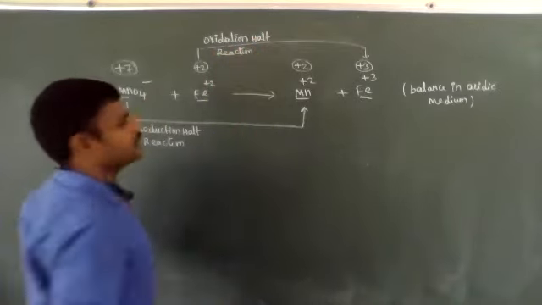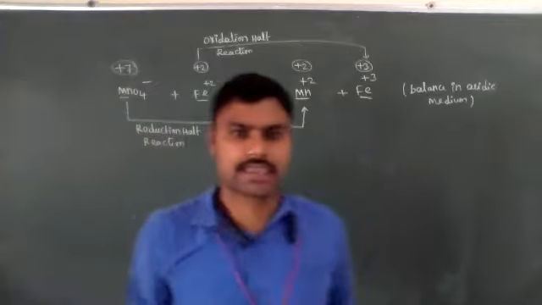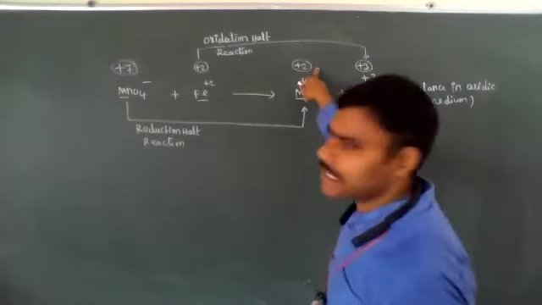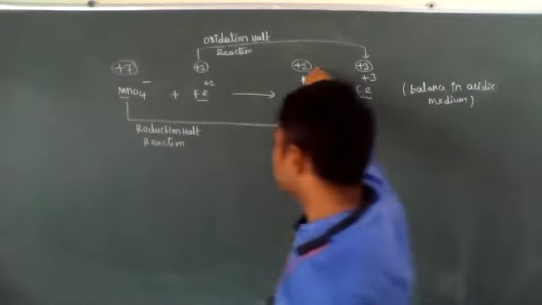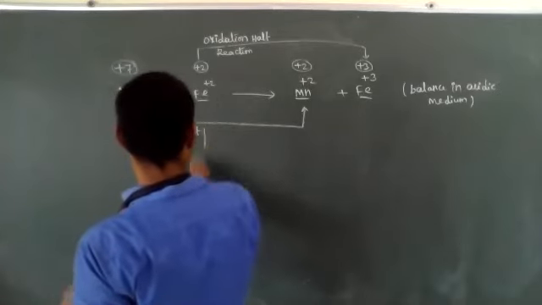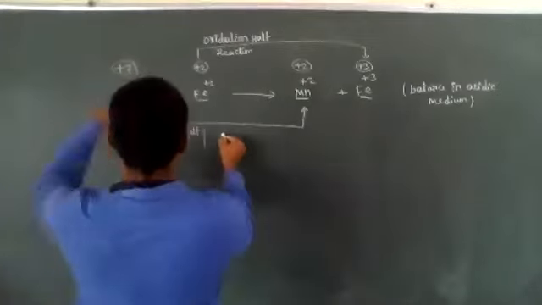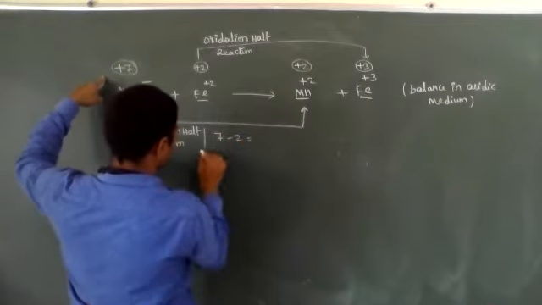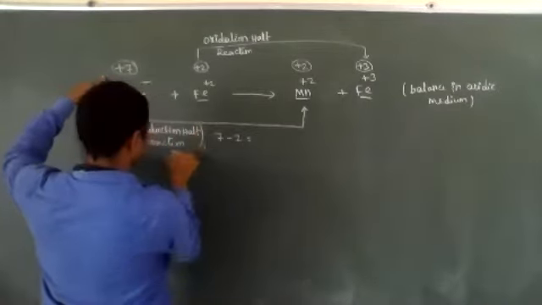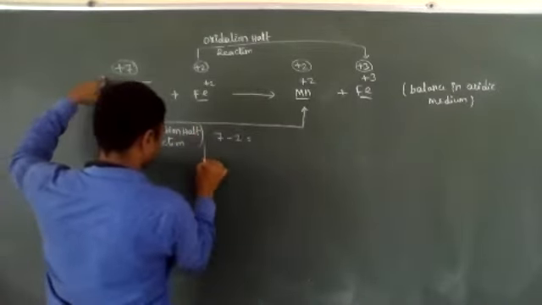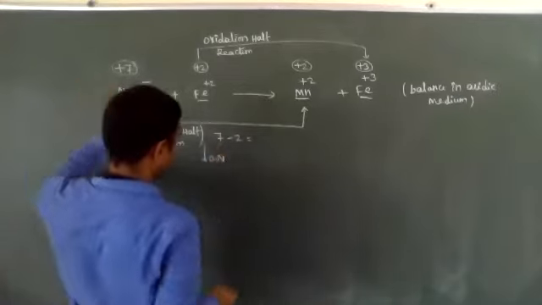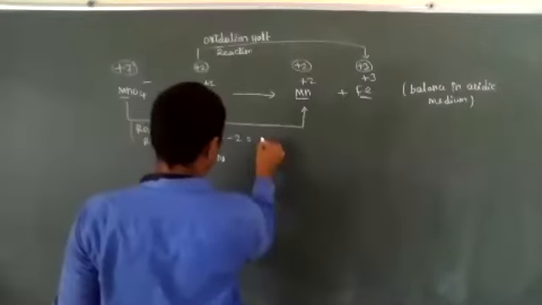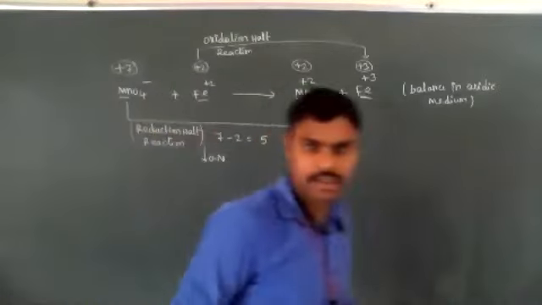Okay. Now check the difference in their oxidation states. How much is the oxidation number decreased? The decrease in oxidation number is 7 minus 2, which is equal to 5 units decreased.